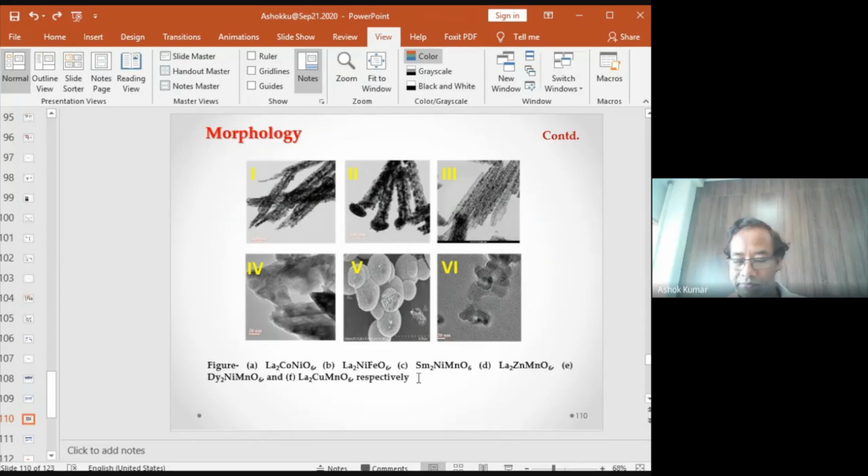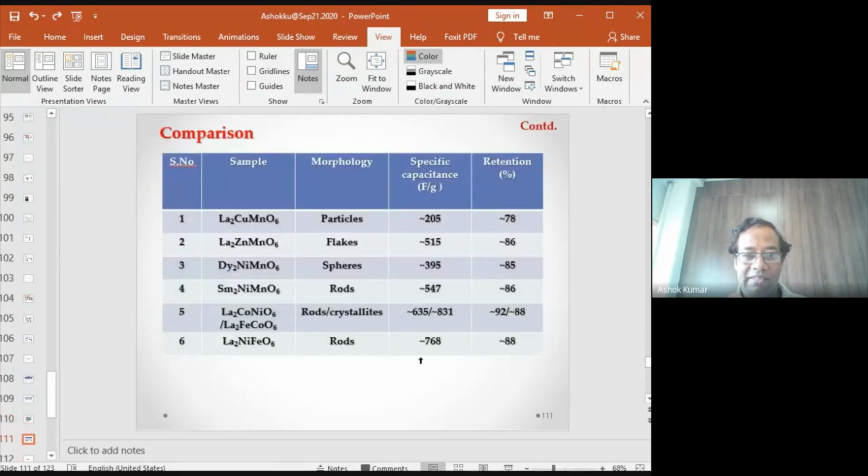And this last slide is about the various parameters, but we are talking about the good performance. You can see here. This material we again synthesized, copper containing, like here, and both are materials. So 635 and 831 farad per gram specific capacitance.